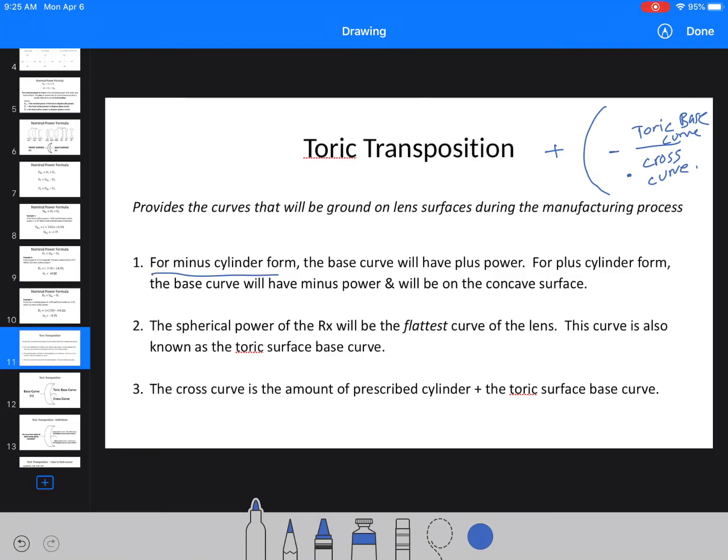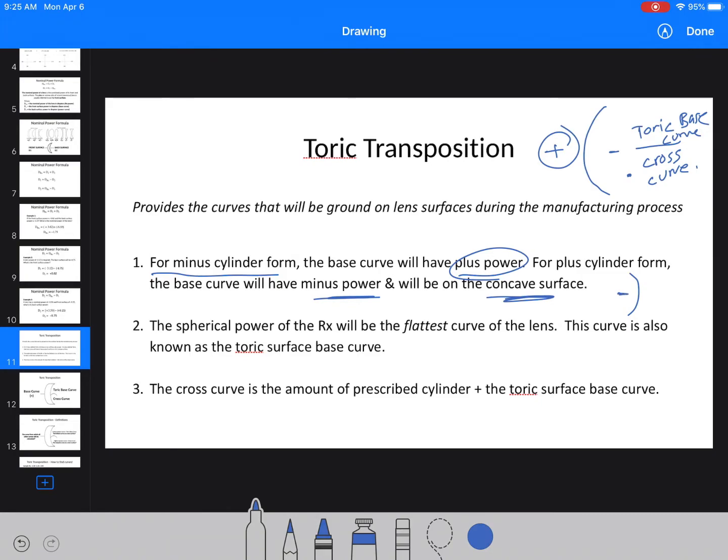So some rules here. For minus cylinder, which we're going to be doing most of the time, the base curve will always have a plus power. For plus cylinder form, the base curve will have a minus power and will be on the concave surface. So basically what they're saying, if it's a plus cylinder, we're just going to draw this backwards. So it's saying the base curve will have minus power and be on the concave surface.